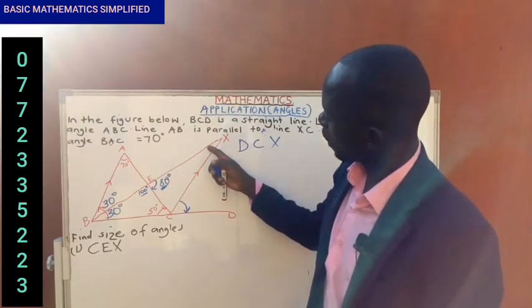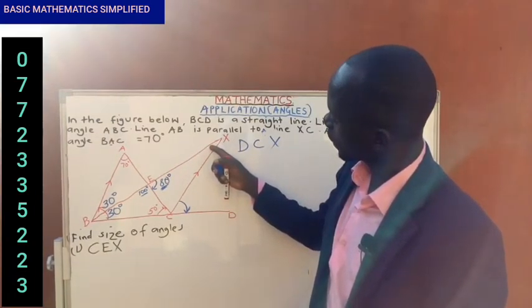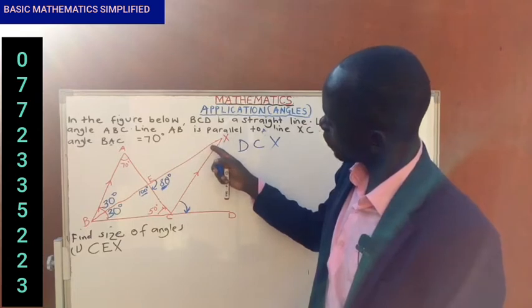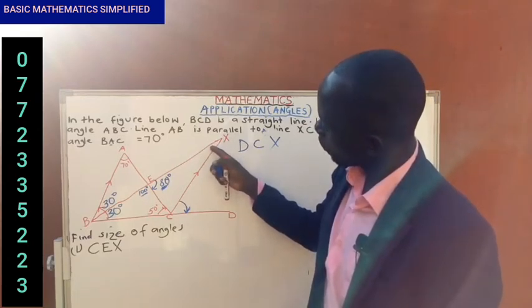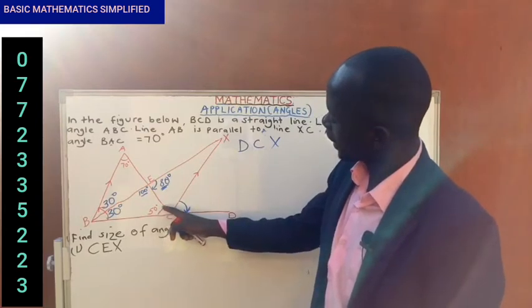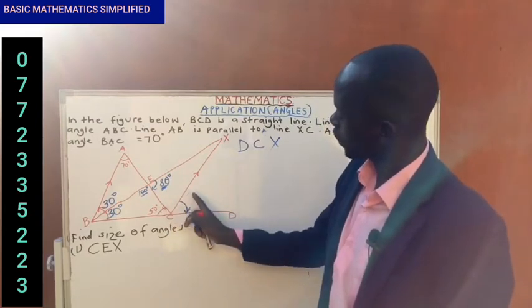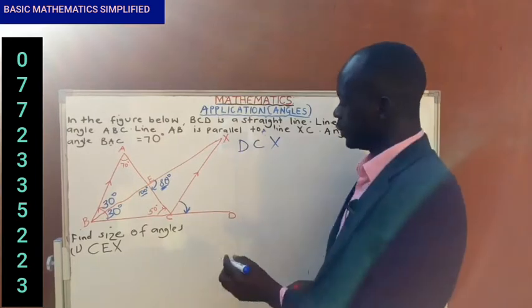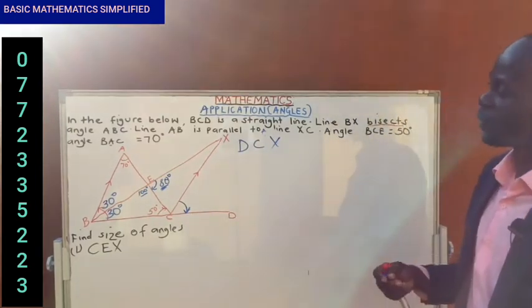We can get this angle, and after getting this angle, we can get this angle. Then we add everything here, from here to there.